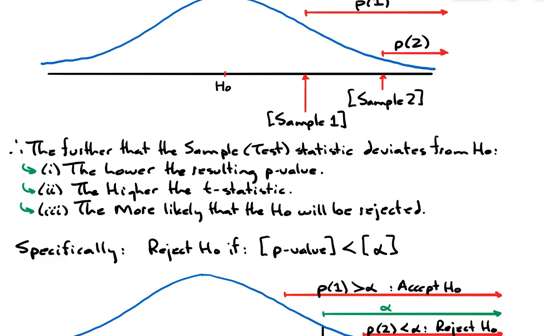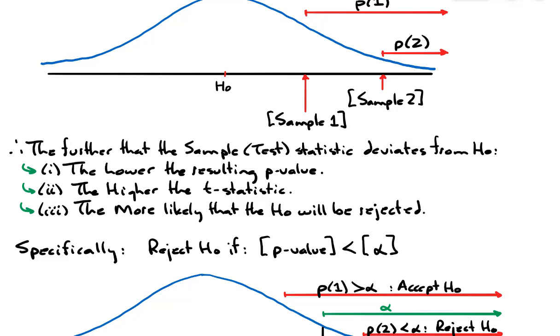However, for sample 2, it becomes harder to make the argument for sampling error because sample 2 is just way too far away from the null to attribute that distance to just error. Maybe sample 2 is very far away from the null because your hypothesized value for the null is false. And that's exactly what we're saying here. So the further the sample deviates from the null, the more likely it is that the null statement will be rejected.